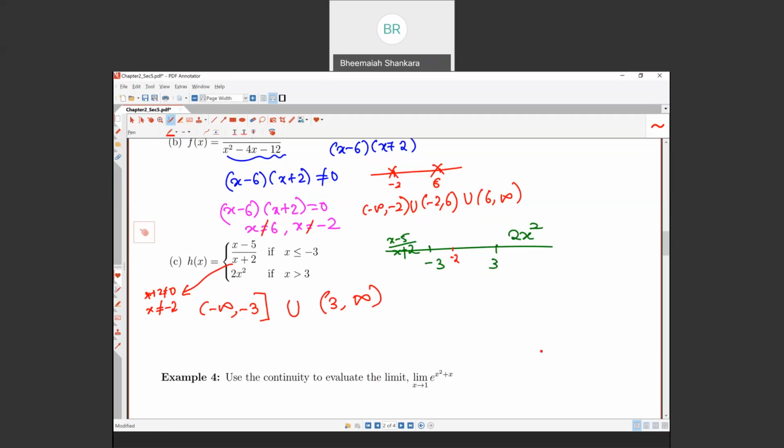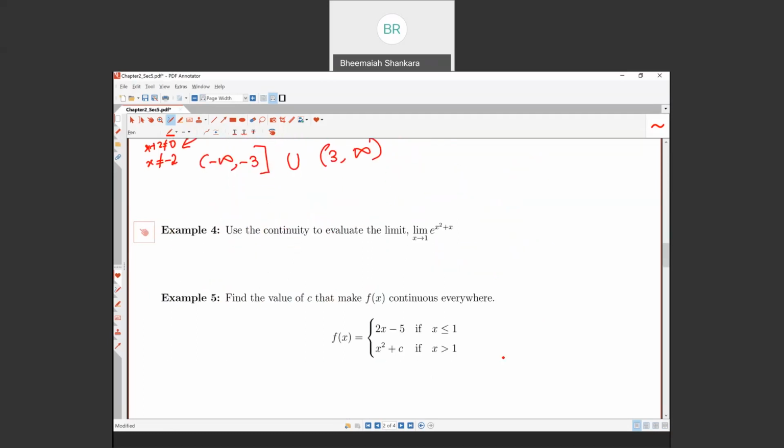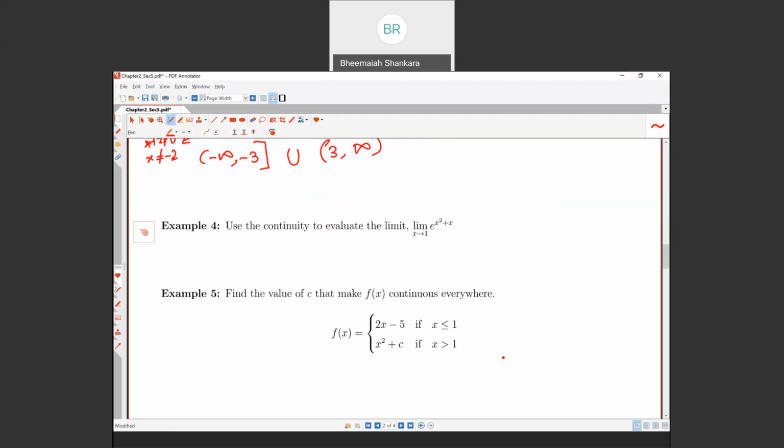In the next example, you are asked to use the continuity definition to evaluate the limit. The continuity definition is this: limit x approaching a of f of x equal to f of a. So wherever you have this x value, you're going to plug in x equal to a. So let's do that.